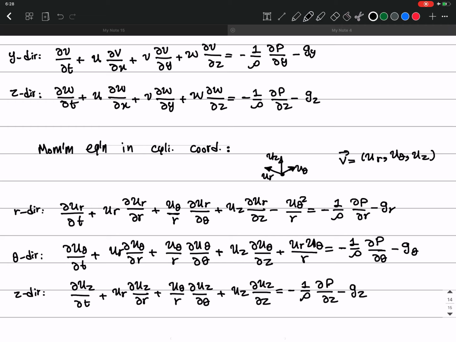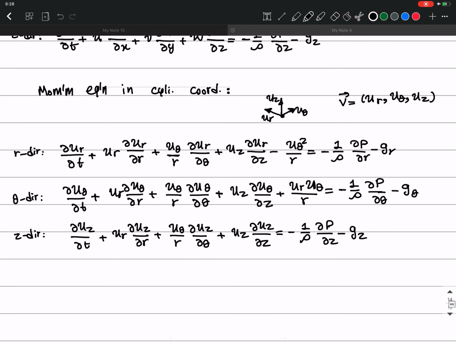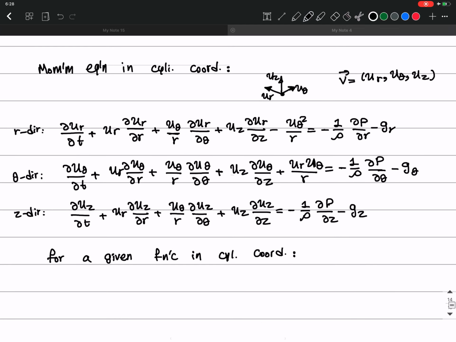And another important expression in cylindrical coordinate is that for a given function in cylindrical coordinate system, the gradient of that function is calculated as follows.